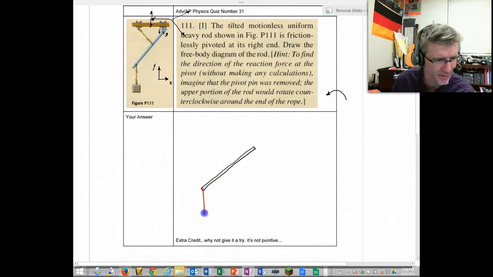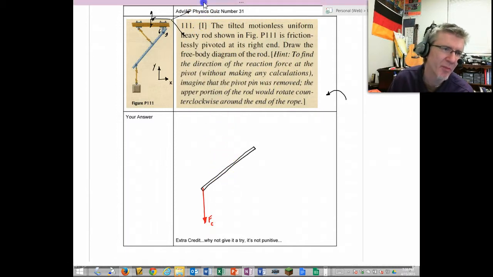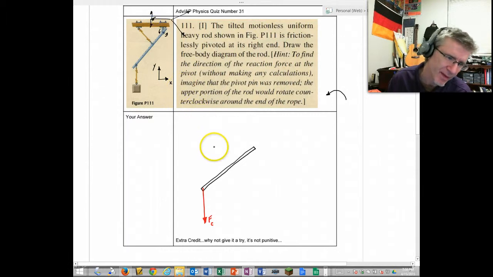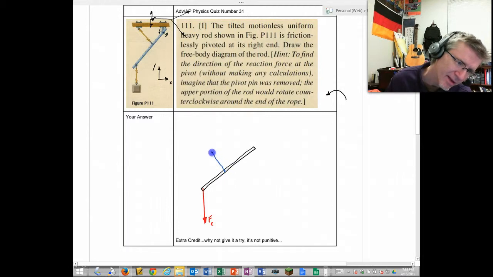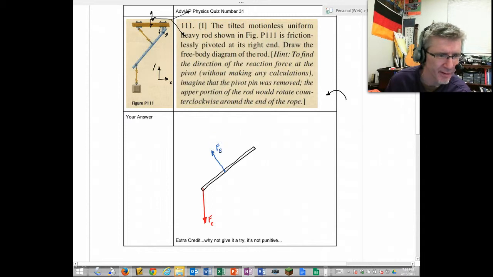Let's call that F sub C. Then you've got a point B here in the middle. I'm going to turn my head so I can draw it right. It's perpendicular to the rod, let's say. And we're going to call that F B.